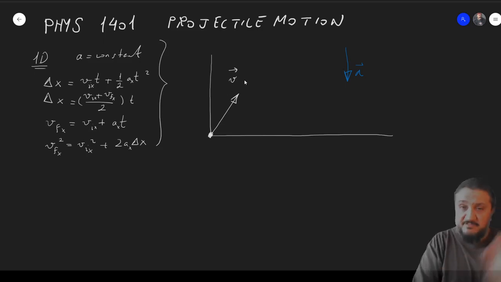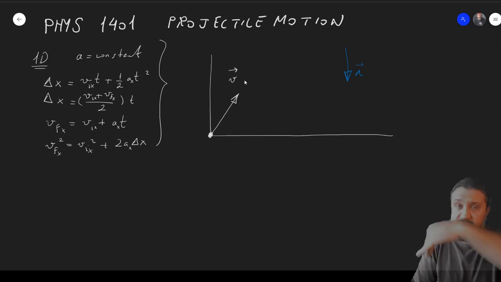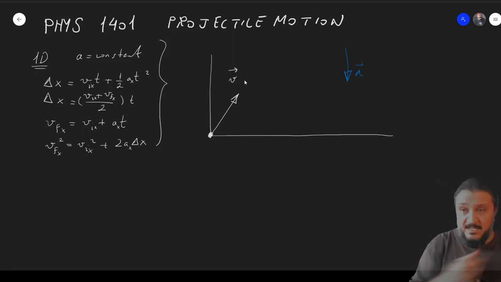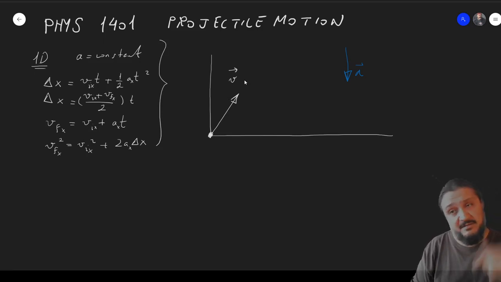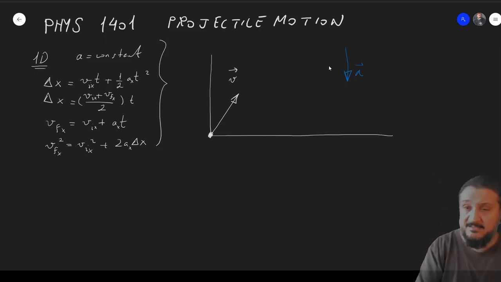Now the direction of the velocity vector may and will change once you kick it, but the direction of the acceleration vector will never change. Okay, so at a later time, when the ball is about to hit the ground, v may point this way, possible, but a is still downward.